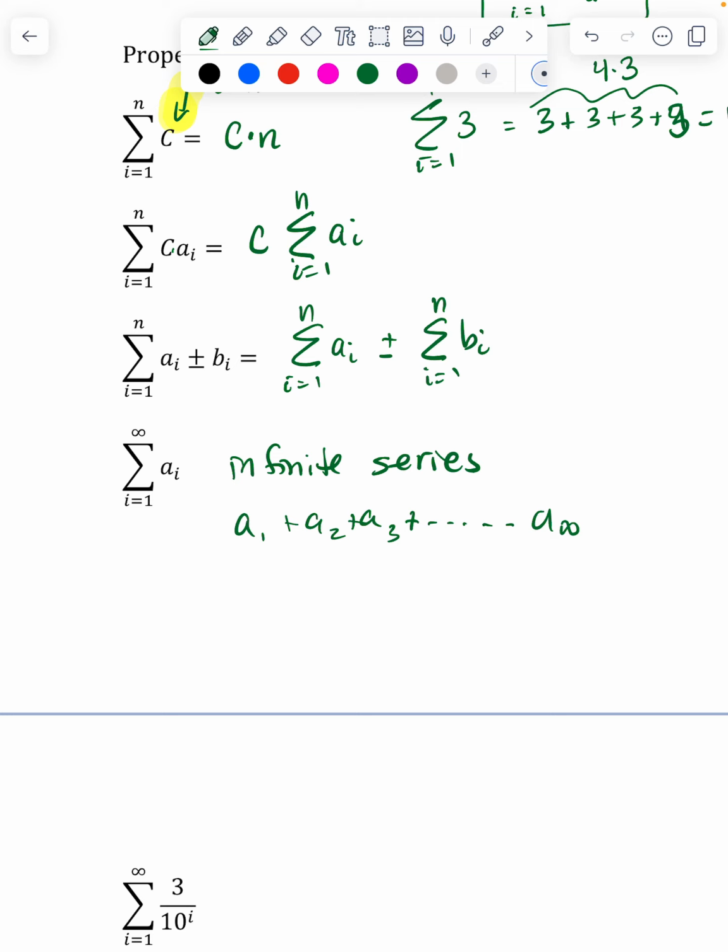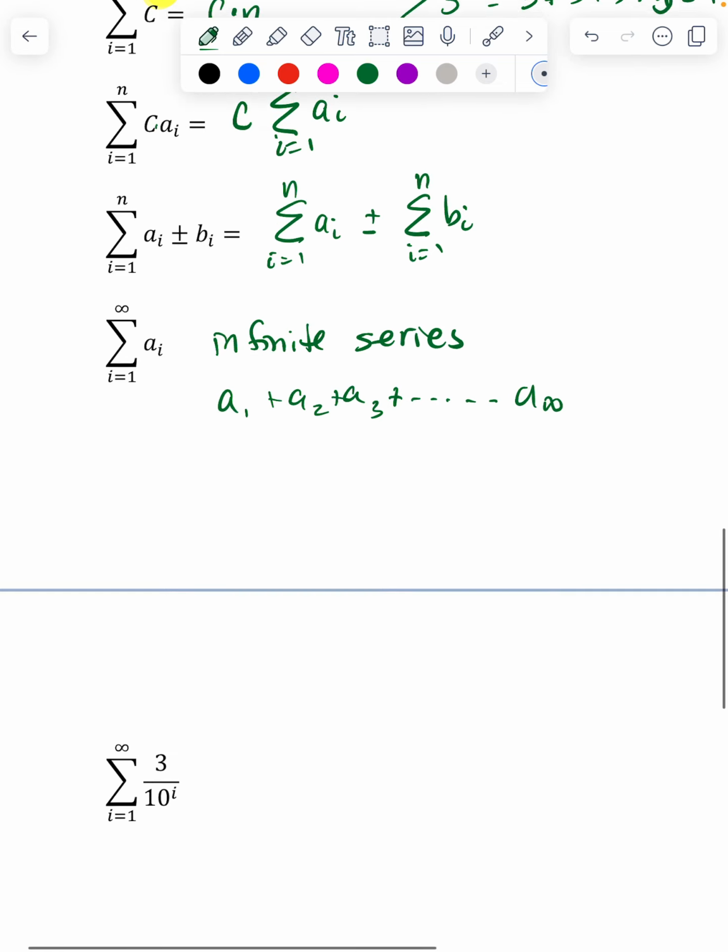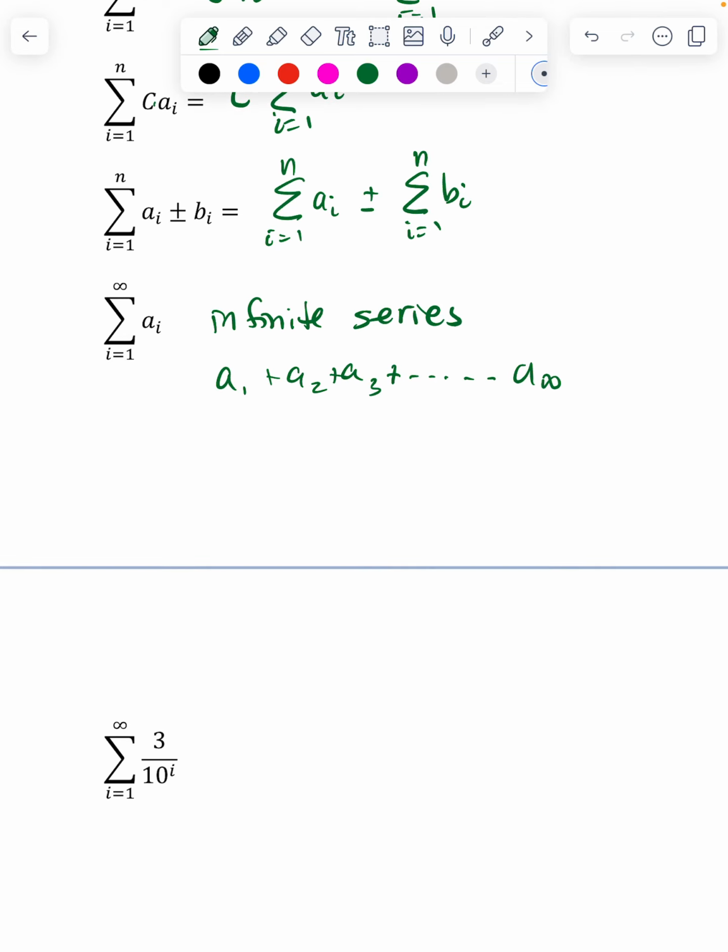So you can't really add up all of them right now, but we can add up part. And when you add up part, it's called a partial sum. So if you're asked for the third partial sum, it means you can't do the whole sum because it goes to infinity, but you could do the first 3 parts.